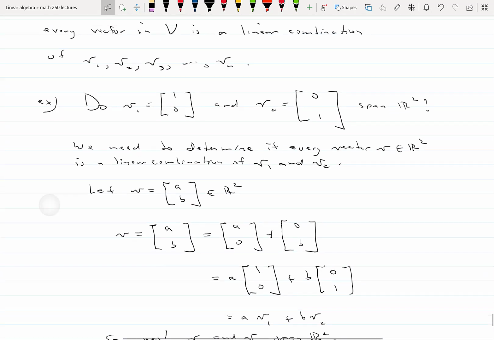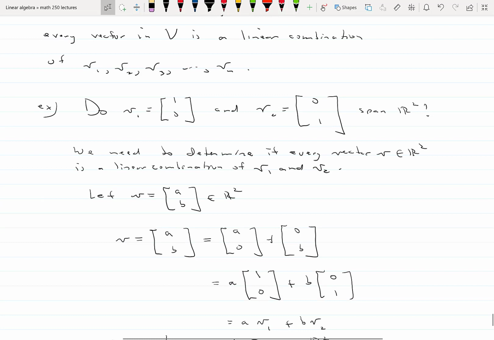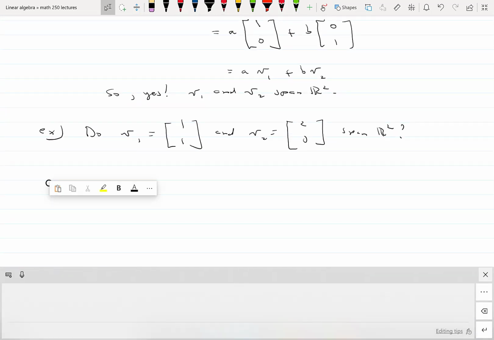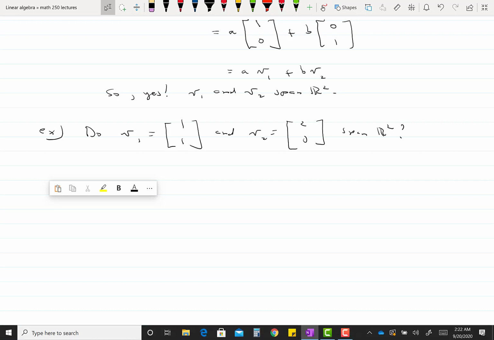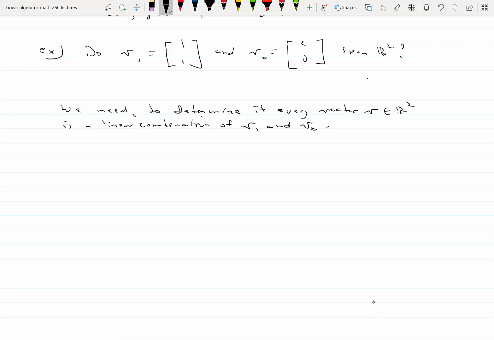Just like before, we need to determine if every vector in R2 is a linear combination of V1 and V2. I just copied and pasted the statement from the last example.